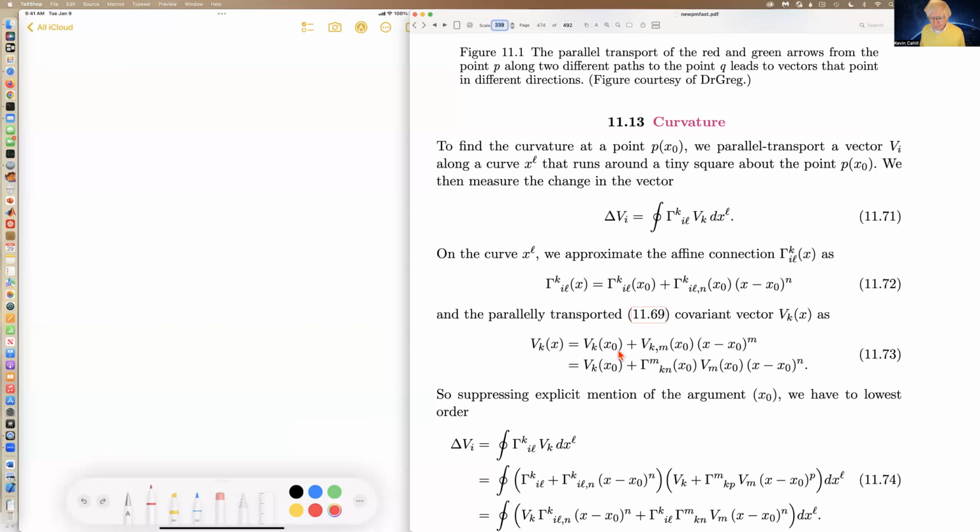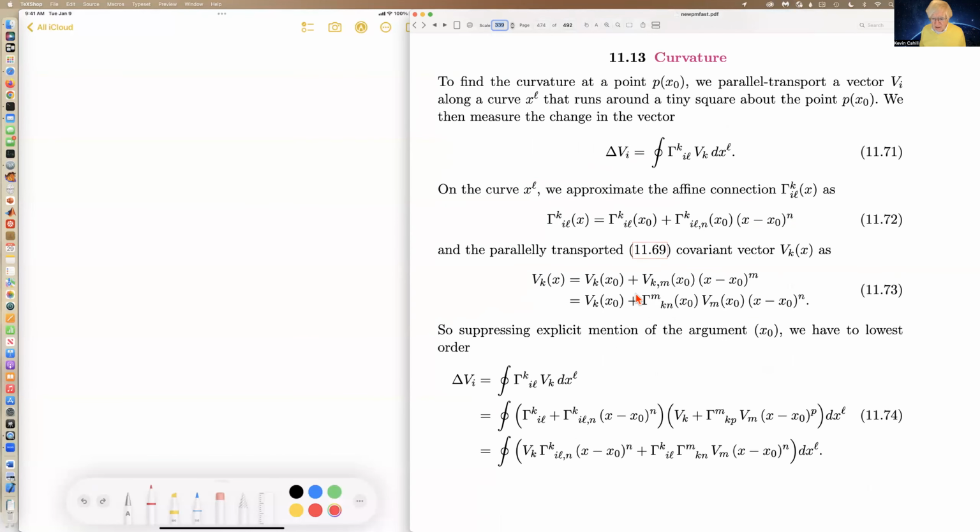And so now, though, we're saying that this nth derivative isn't any ordinary nth derivative. It's the nth derivative that makes the transport parallel, and that means it has to be equal to gamma^m times V_m sub kn.